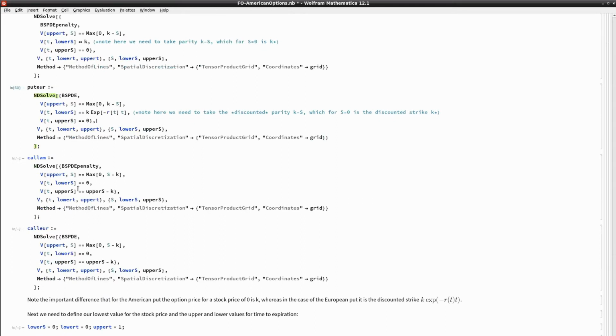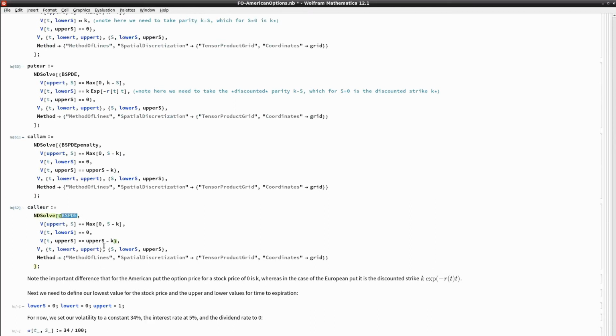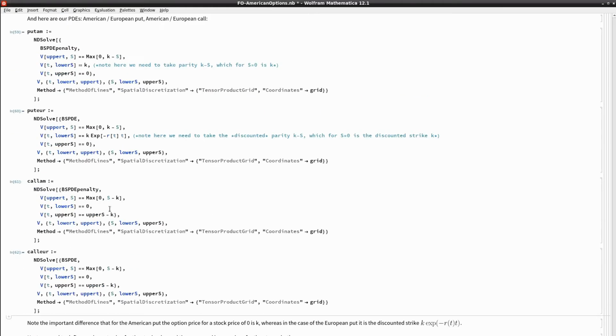For the American call we use the Black-Scholes penalty version of the PDE, and we have parity of max of 0 and s minus k. Here it's the other way around. And for the European call we take the Black-Scholes PDE, no penalty term, and same thing. Okay, so these are our 4 PDEs.